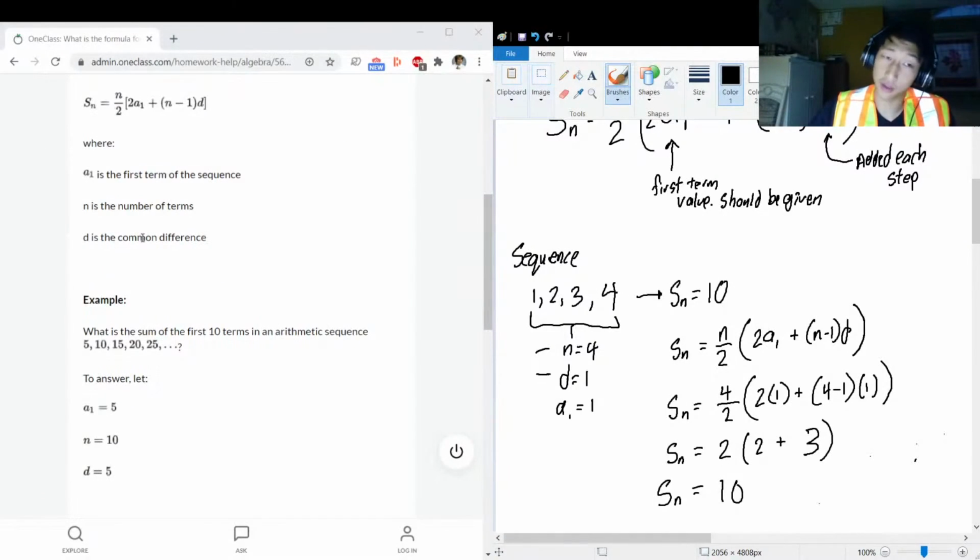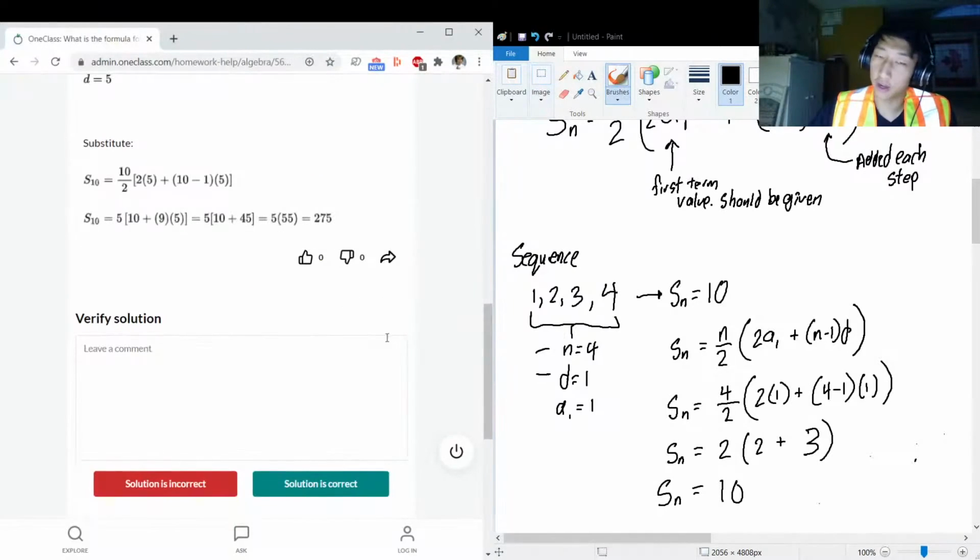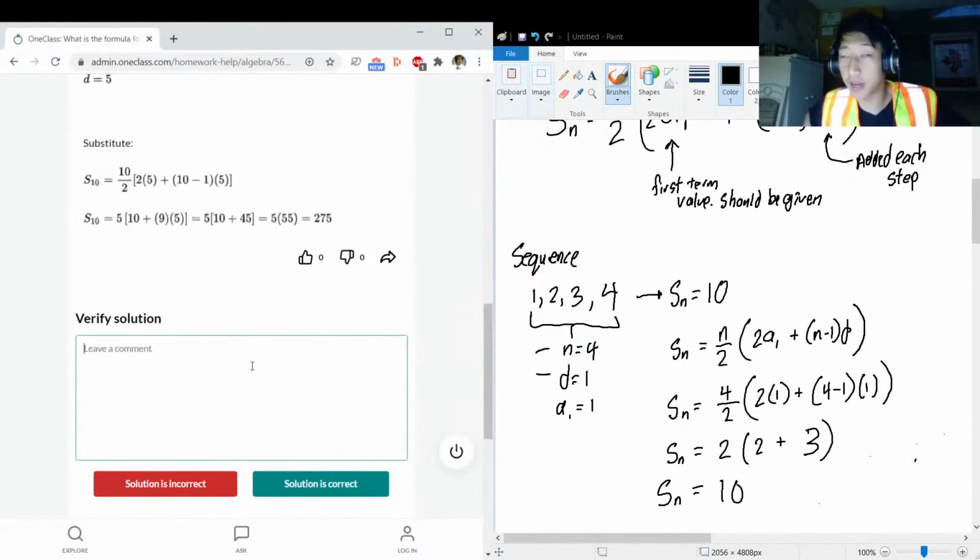That was the vocabulary I was looking for. And A1 is the first element in the sequence that you're looking at. You try this, you'll do good. It'll be a lot easier. Let's say you have 1,000 terms you want to add up. This is the way to go. You don't want to be manually doing that math. It takes too long. Sounds good. So the above solution is good.